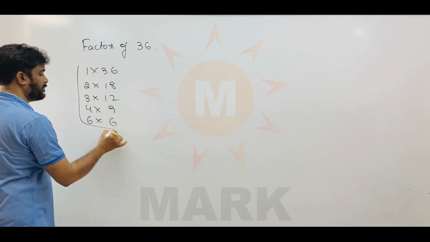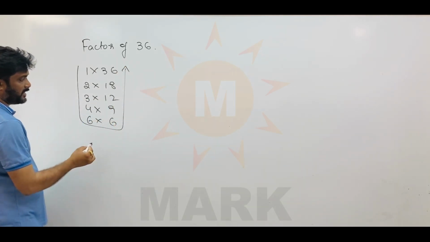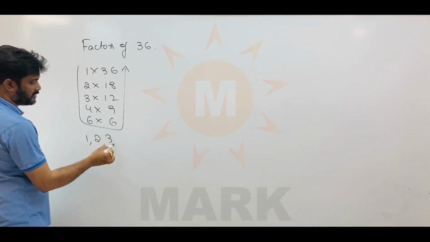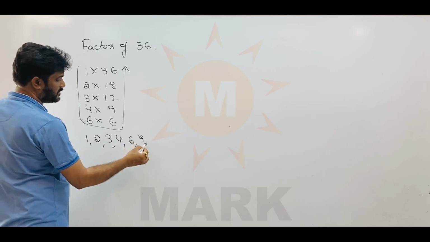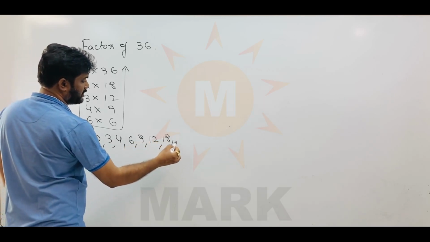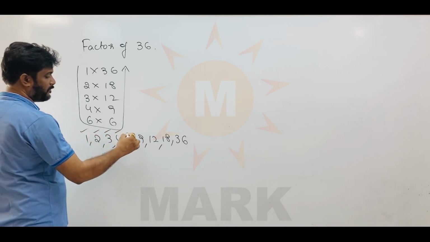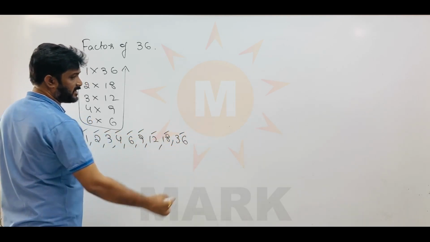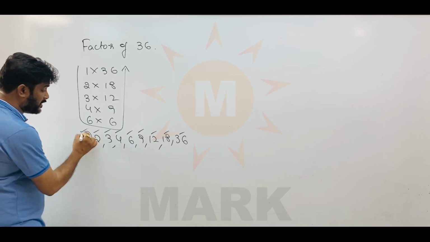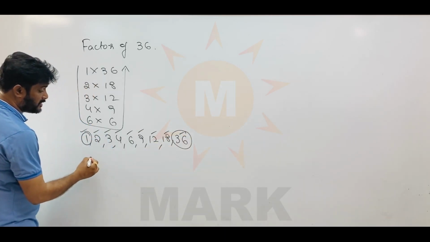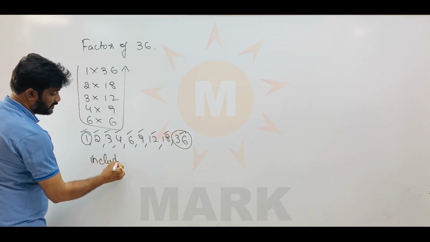If I take these numbers in this order, the factors that we get are 1, 2, 3, 4, 6, 9, 12, 18, 36. So how many factors are there? 1, 2, 3, 4, 5, 6, 7, 8, 9 factors, including 1 and itself.